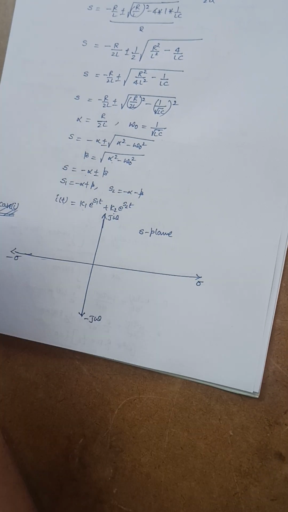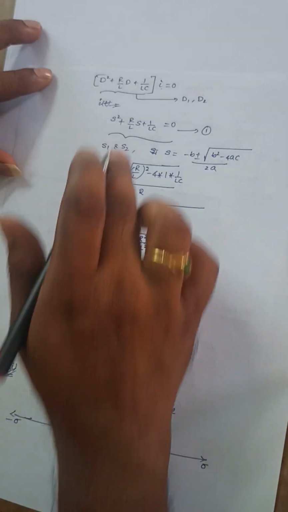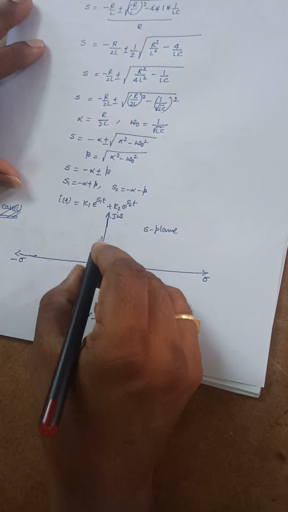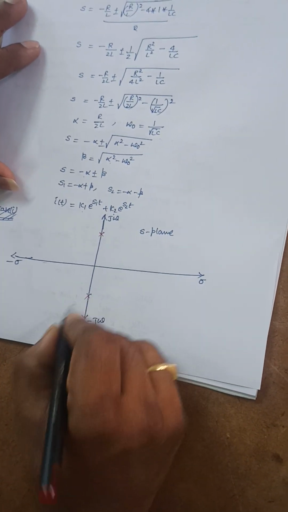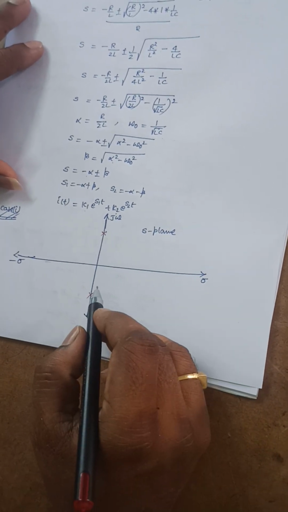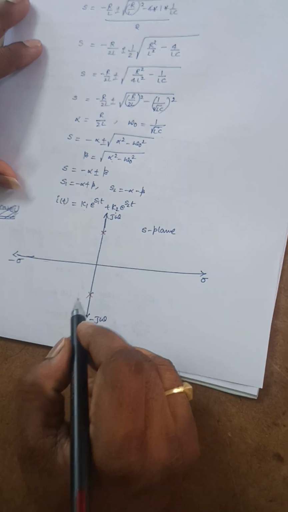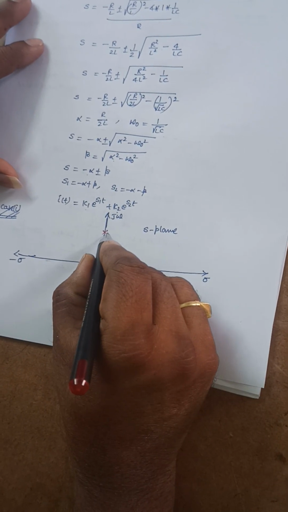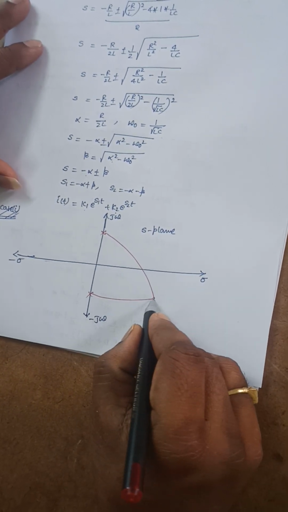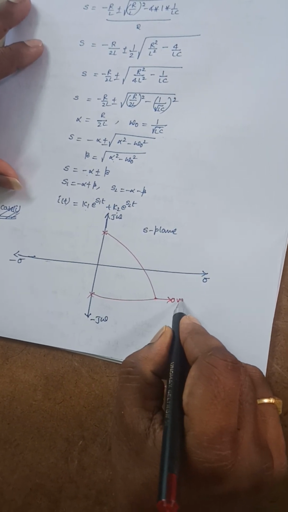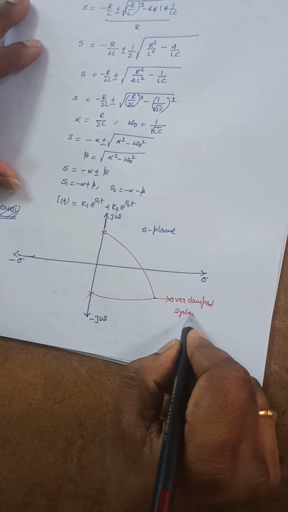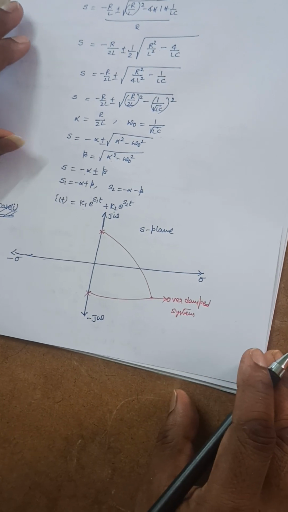Suppose the roots of the characteristic equation of the system are located on the imaginary axis, then the system is said to be an over damped system, and the response is an over damped response.